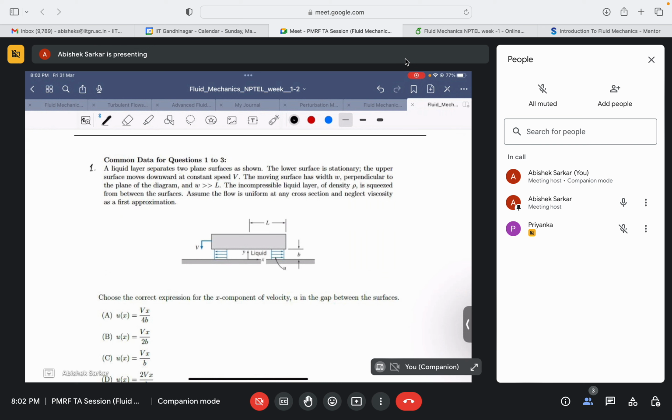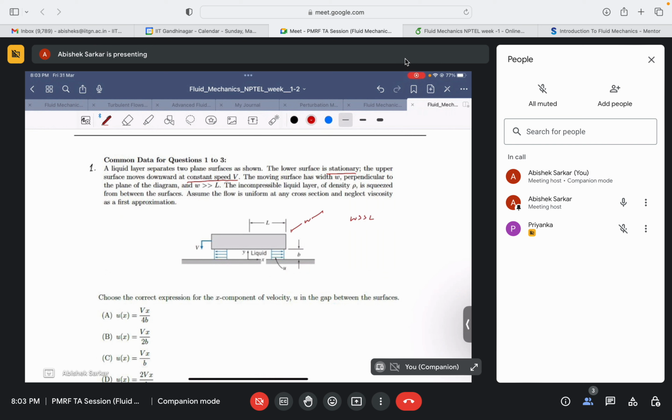A liquid layer separates two plane surfaces as shown. These are the two plane surfaces. The lower surface is stationary and the upper surface moves downward with a constant speed v. The moving surface has a width w perpendicular to the plane of the diagram, where w is much greater than the length. The length is mentioned here.